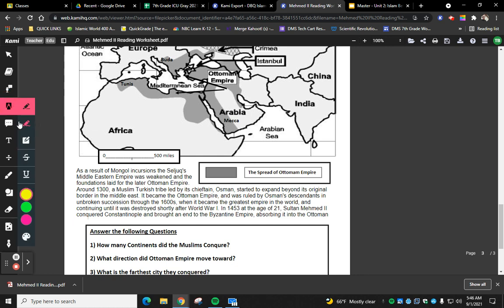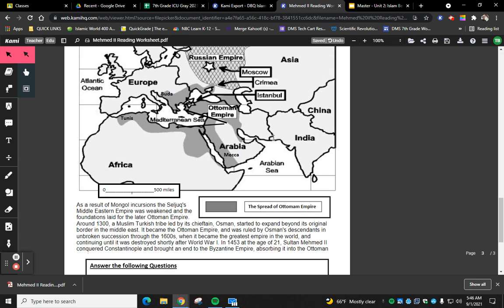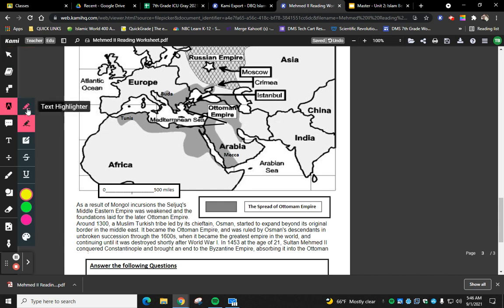Okay, so to do that, you're going to want markup and you're going to want freehand highlighter, and you can just kind of drag it instead of doing it like the text. That way, you can still highlight where you're finding your answers, but you're not having to just highlight in the text. You can do that on the text as well. I just find it easier to use the text highlighter when I can.